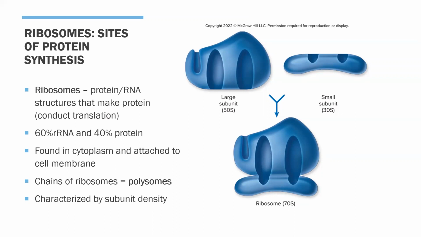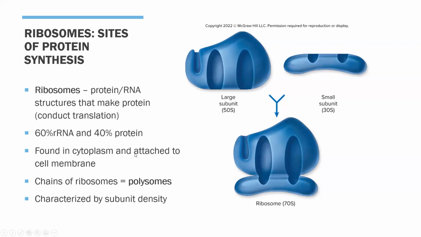And I was just reading a study recently that showed if we get rid of the protein component of the ribosome, it will still function, which tells us that the part doing the catalyzing or the enzymatic reaction is, interestingly, the RNA component. The protein is just there to help stabilize the RNA complex. Kind of cool.